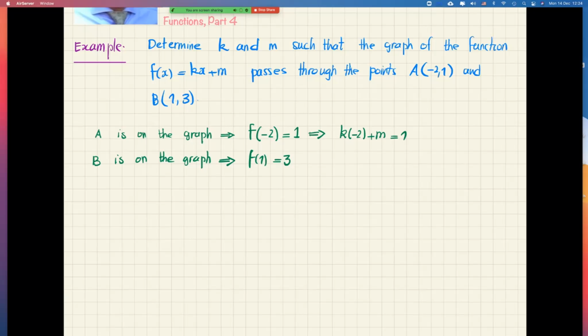Let me explain. This equality is just this one. I copied and pasted, but instead of this expression, I wrote this. Is that understandable? Okay, and then what should I write? I would write -2k plus m is equal to 1. This is one thing that I have.